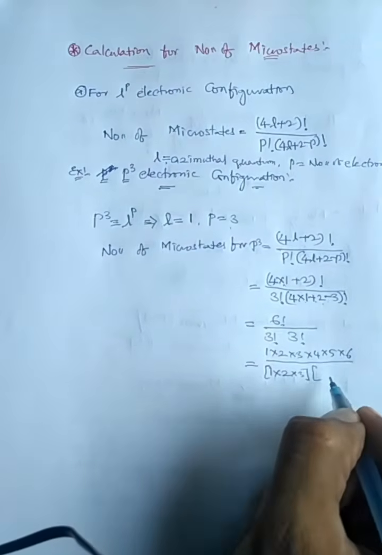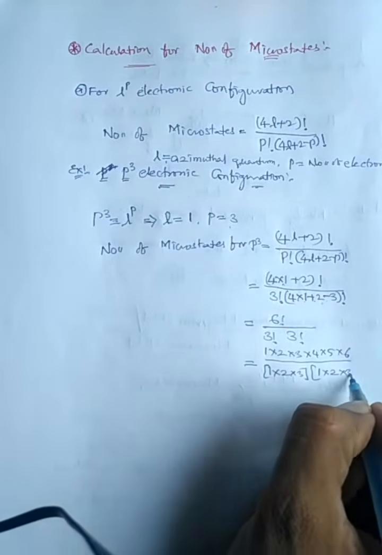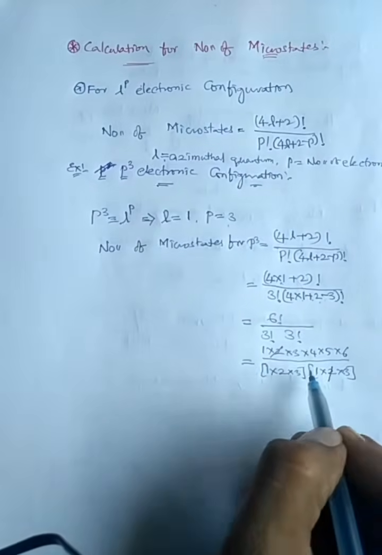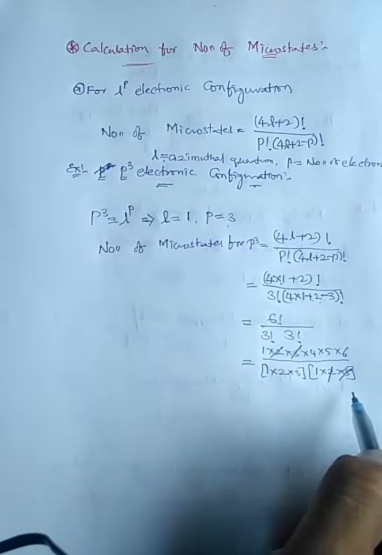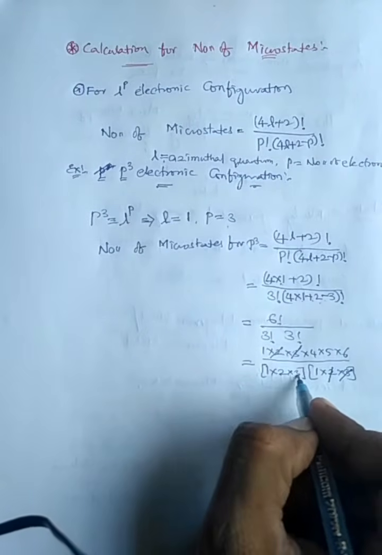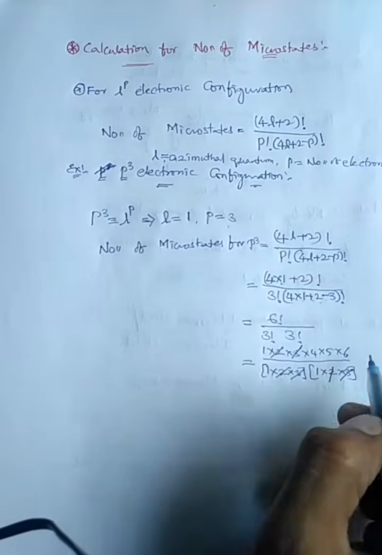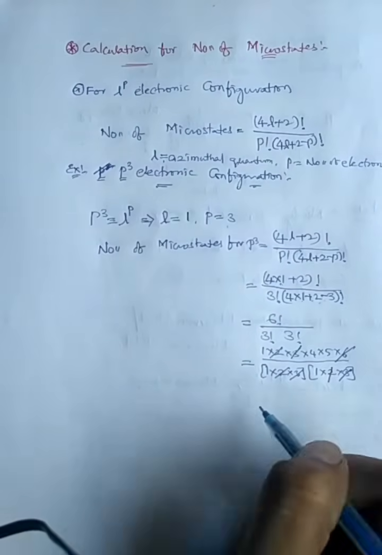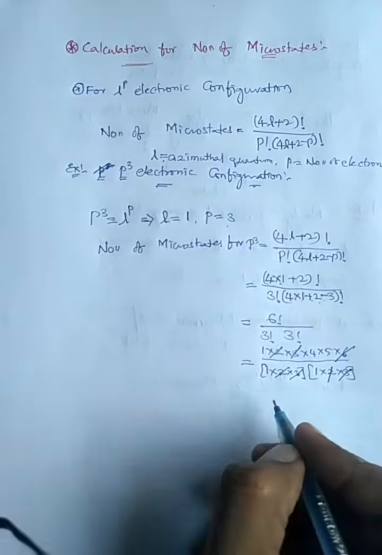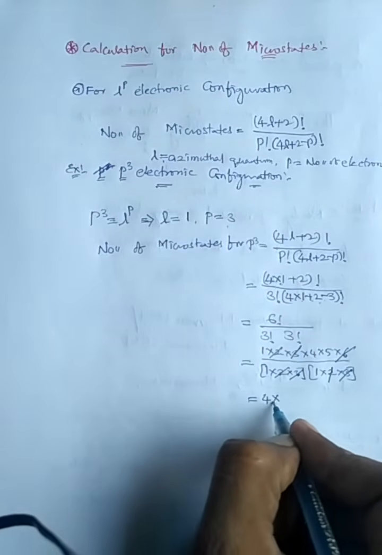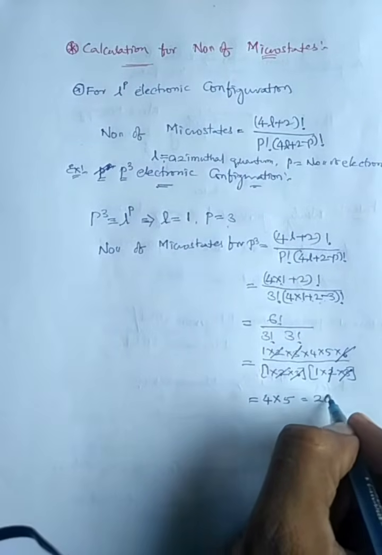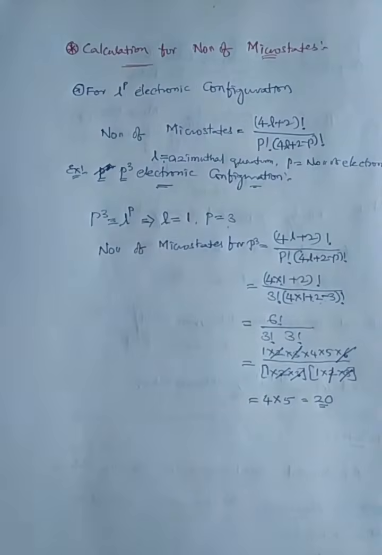Numerator having 2 and denominator having 2, numerator having 3 and denominator having 3 will cancel, and 2 into 3 is 6, so the 6 in the numerator also cancels. Finally we are left with 4 into 5, which gives a total of 20.